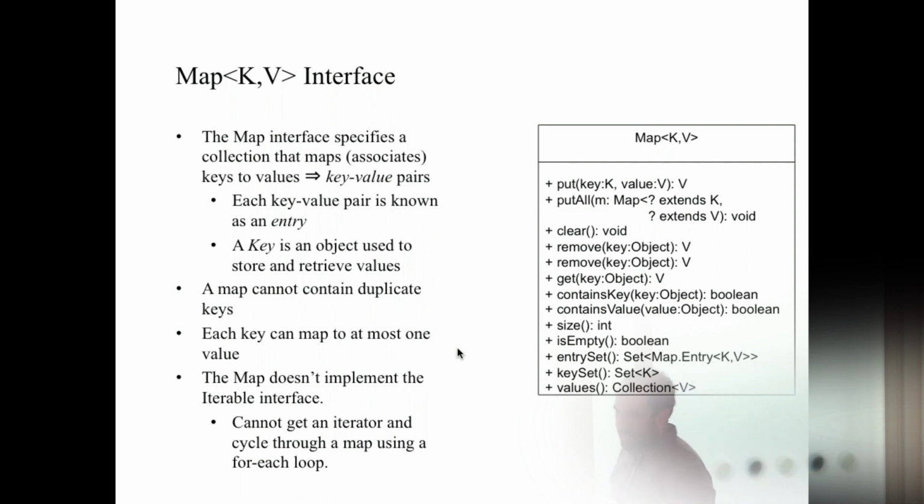And then we have a map. It's slightly different from the other three types: set, queue, and list. Because in those types, we were talking about only a single element or single value. However, sometimes we have values which are like pairs that have some connection between each other, and we call them key-value pairs.